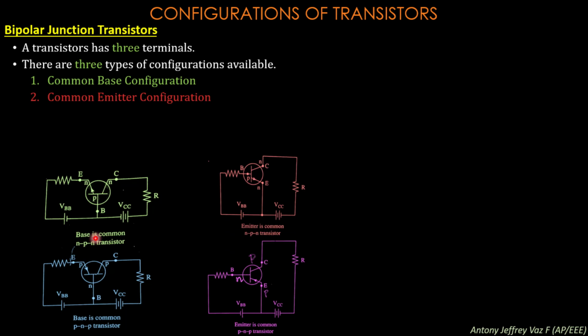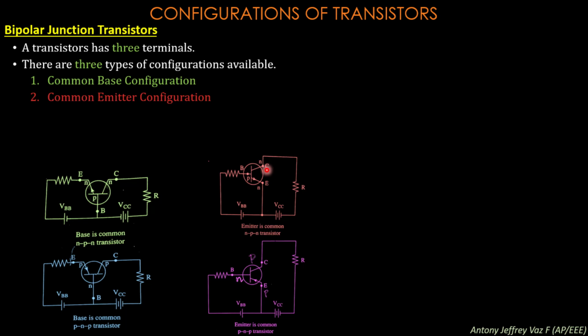The next configuration you are going to see is the common emitter configuration. Here you can see the emitter terminal of the transistor is being grounded. The ground represents the polarities of the batteries. You see the VBB voltage, that is the base voltage, is connected to the negative terminal of VBB, which represents that this terminal is grounded.